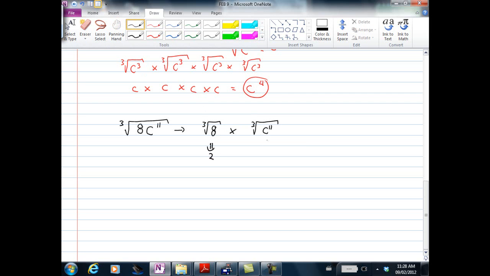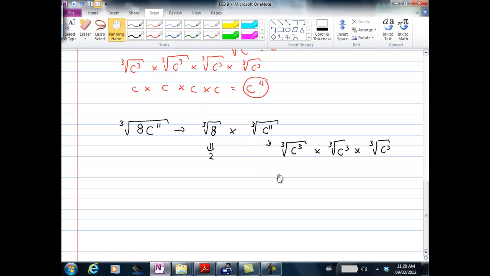Now, here comes the fun part. What about 11 and 3? How many cube roots of 3s can fit into the cube root of 11? We know that it has to be cube roots of 3. So let's do this slowly. Let's rewrite this as, would you agree, I can do the cube root of 3 times cube root of 3 times cube root of 3.